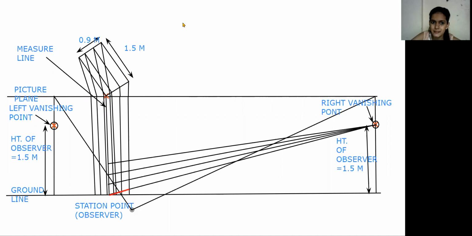For the very first step, consider a riser that will be on measure line only. Measure line only. Okay, so like this. So riser is on measure line. Then tread will be on inclined line. Which inclined line? Which we have connected to right vanishing point, this third one. So tread will be here and vertical riser will be on the vertical lines.